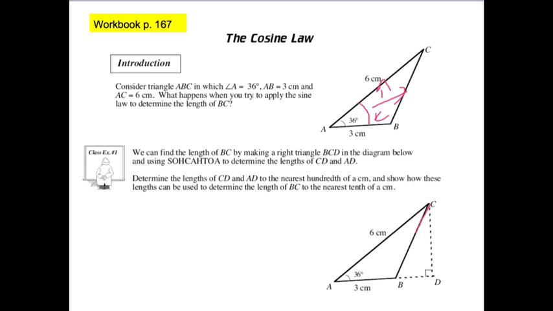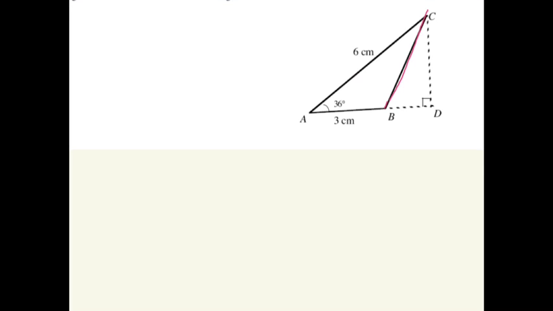And so we're going to try that first to find BC, which I've highlighted here in pink. What we're going to do is use sine, and because we have the hypotenuse, we're going to find this one first. Using SOHCAHTOA, we know that sine is equal to opposite over hypotenuse.